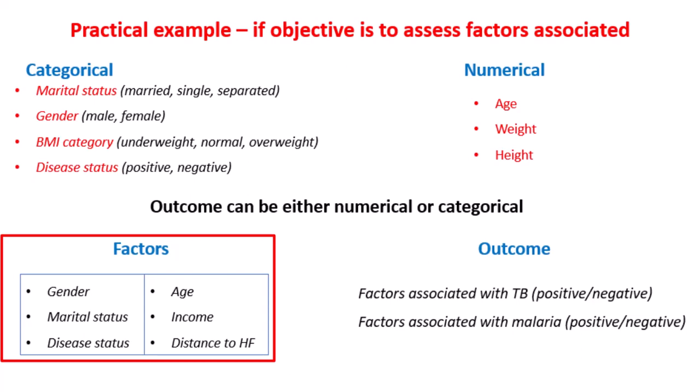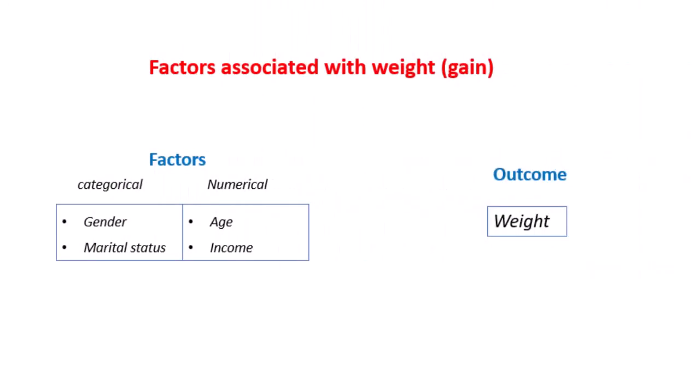Now, let's tease out factors associated with weight gain as our specific objective, and our weight gain is numerical. And we are going to point out 4 factors associated with this weight gain. We are going to look at gender and marital status as the categorical variables that we want to associate with weight gain.